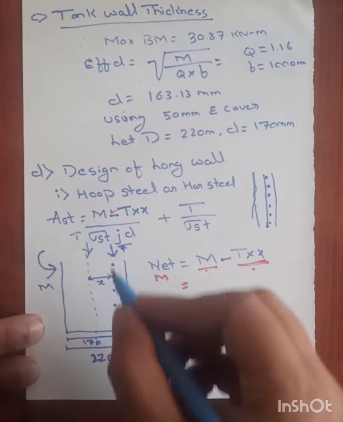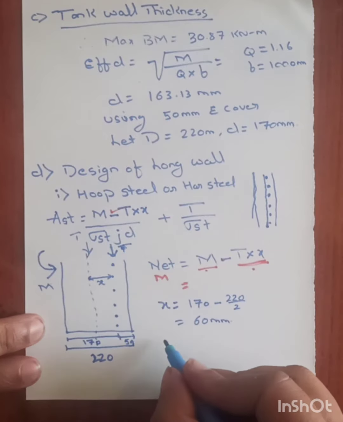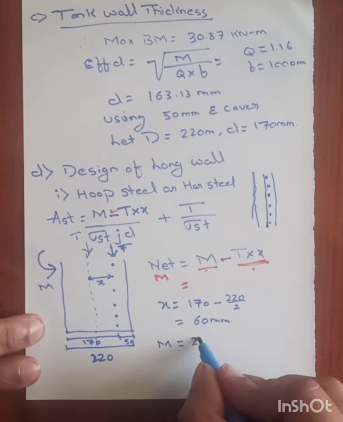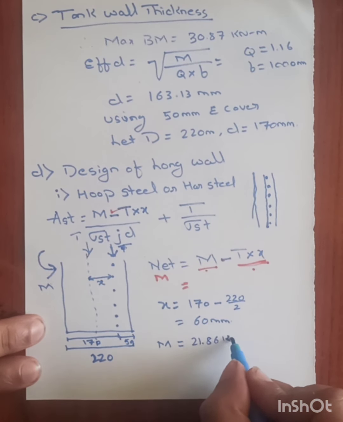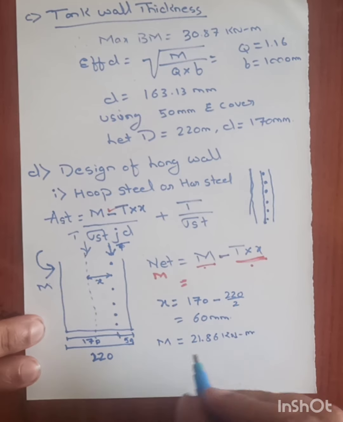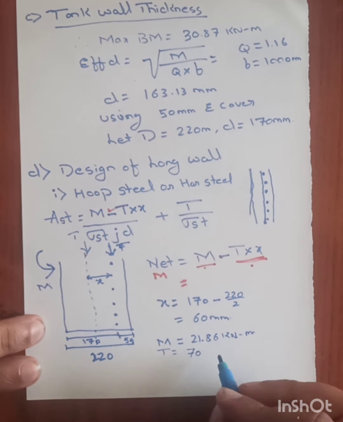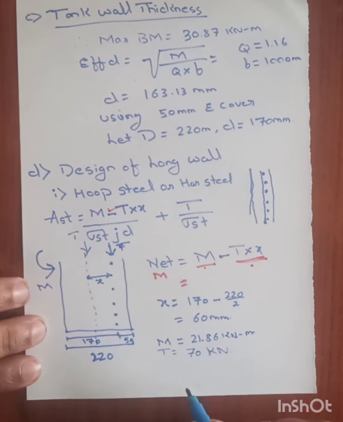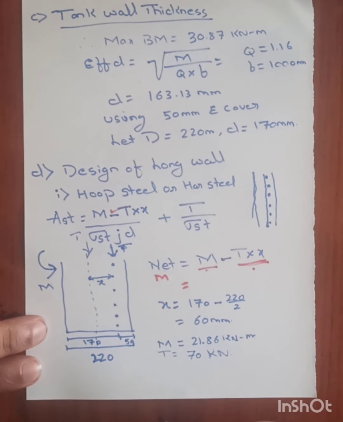So substituting these values in AST, for horizontal steel, moment is 21.86 kilonewton meter. Tension is 70 kilonewton for long wall, and we know the constants. So substituting all these in the AST, we will get the AST as 1263 mm square.